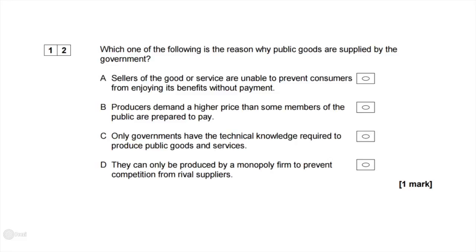And non-rival means that the consumption of the good does not decrease the amount available for other individuals. So that means the answer for this question is A. Sellers of the good or service are unable to prevent consumers from enjoying the benefit without paying. It is non-excludable, which is why we have individuals that free ride.